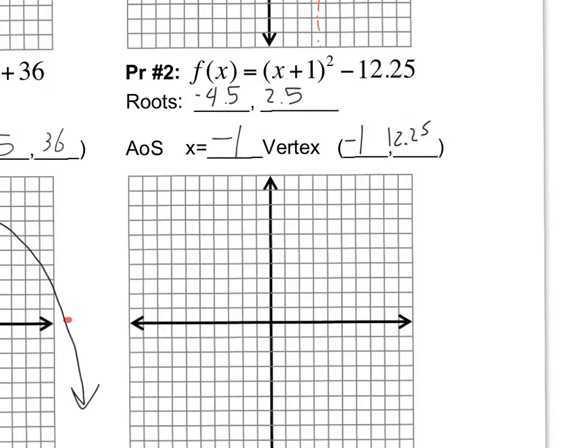So this would be like negative 1, negative 2, negative 3, and negative 4. So this would be 1, and this would be 2, and this would be 3. Okay, the y values, I don't think I'm going to change the y value too much because it's a 12.25, and actually that should be a negative 12.25.